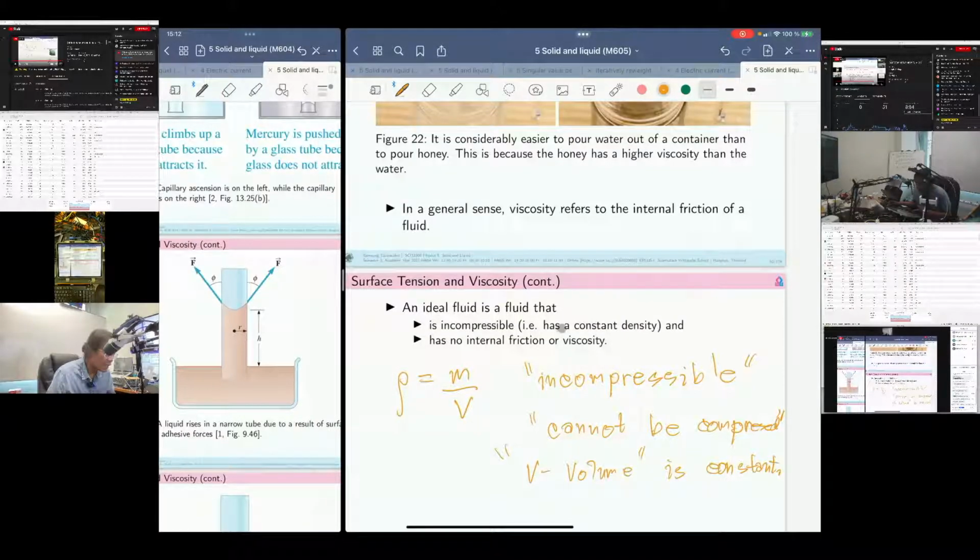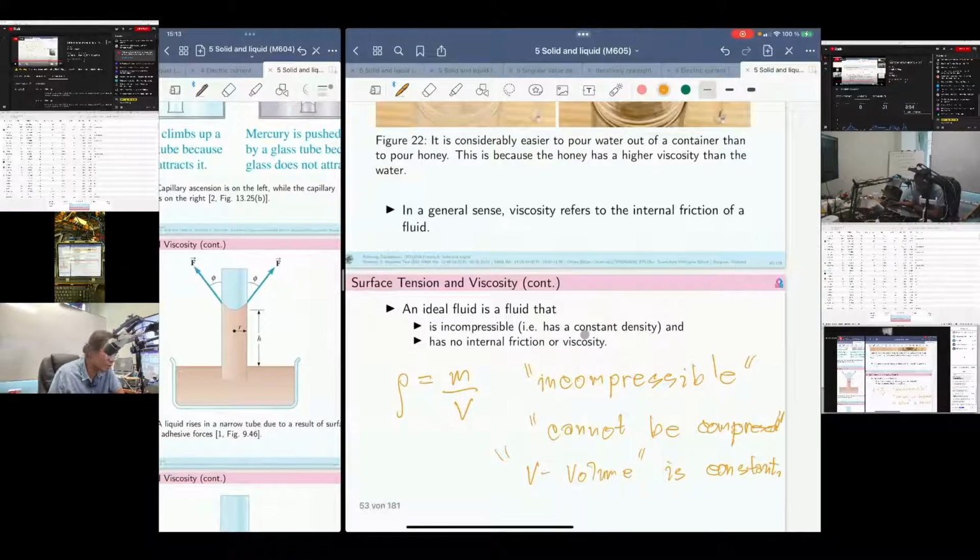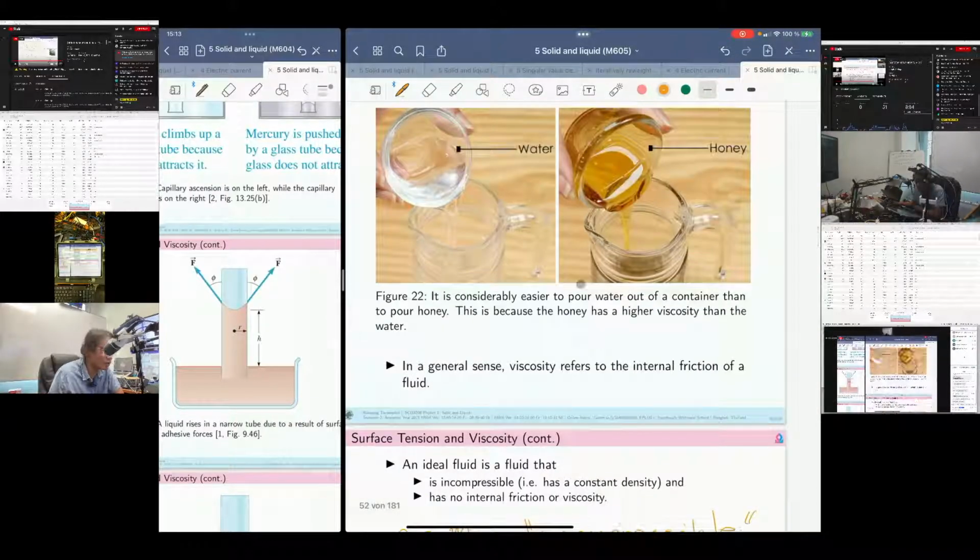They say has a constant density. Okay, and that's the reason. And it has no internal friction or viscosity. Okay, ideal fluid has no density change, has no viscosity, but realistic, you can see, for example, honey, it has viscosity, right?